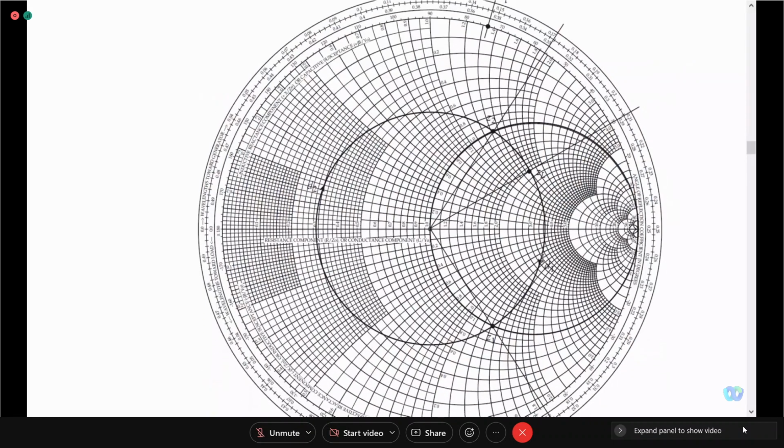So where is ZL? 1.6. So we have to go here. 1.6 is here, this reactance circle, and this circle is intersecting these two at this point. So here we have ZL.